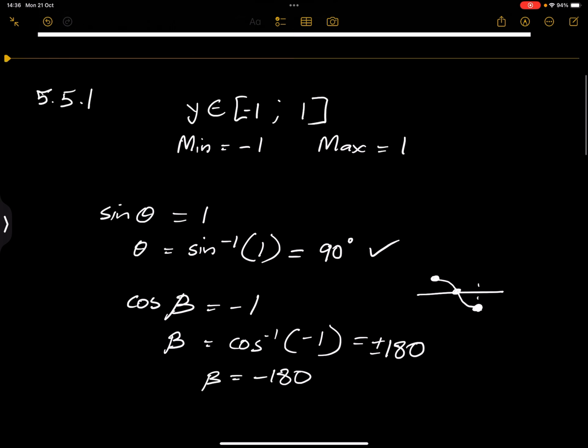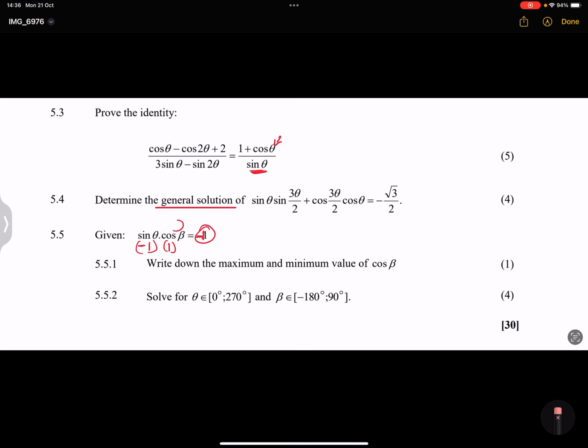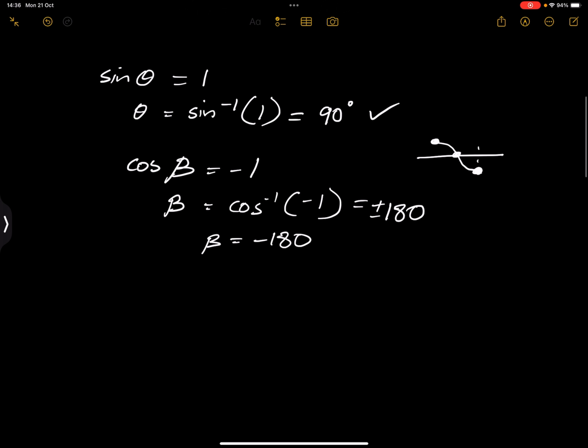Now let's swap the values around. So we've made sine theta equal to 1 and cos beta -1. Now let's make sine of theta -1 and cos beta equal to 1. So sine theta is -1. When is sine equal to -1?